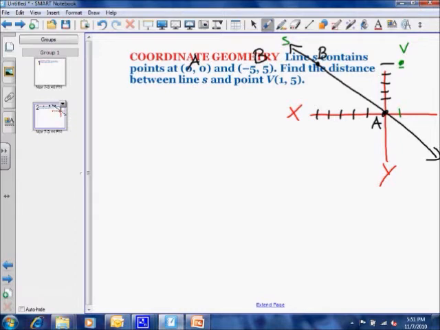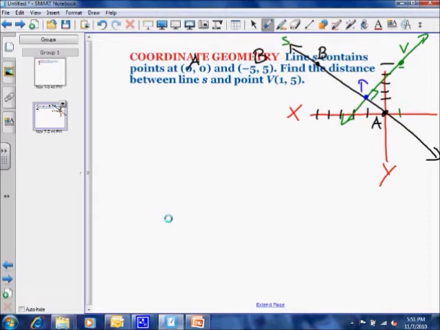To find the distance between a line and a point, or a point and any object, I need to first have a perpendicular line to the object. So I need a line that goes through V that is perpendicular to S. Where the perpendicular line and line S meet, that blue point there, that's the intersection.